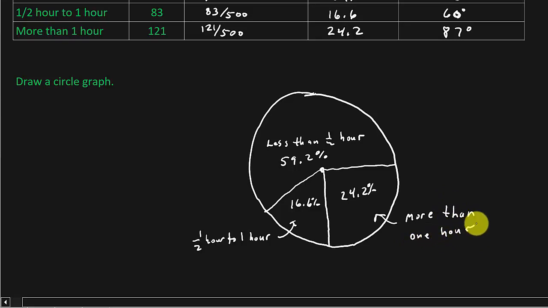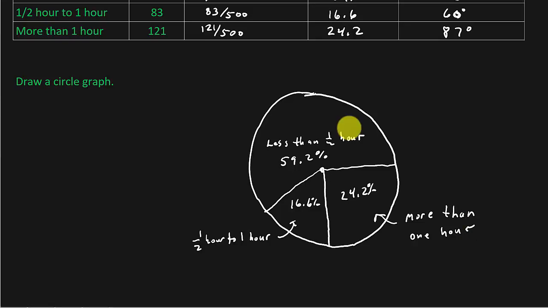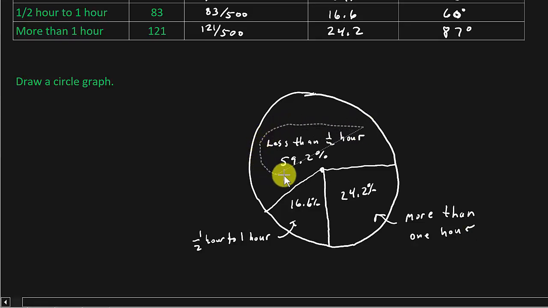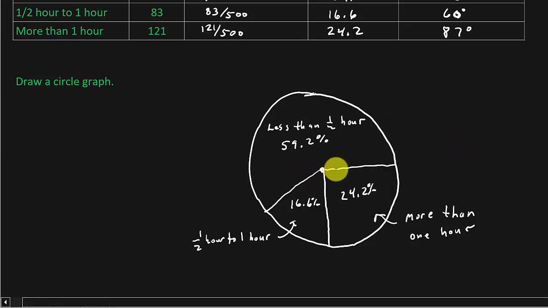Okay, and once again, let's just kind of move that up a little bit. And so this is your 213 degrees, this is 60 degrees, and this would be 87 degrees.